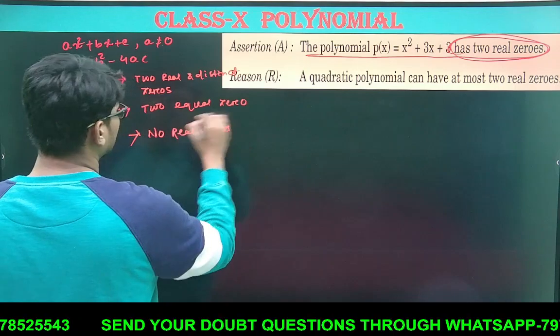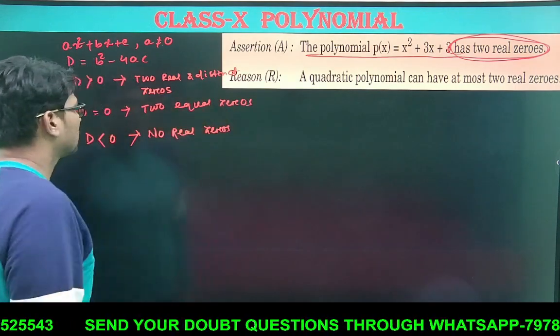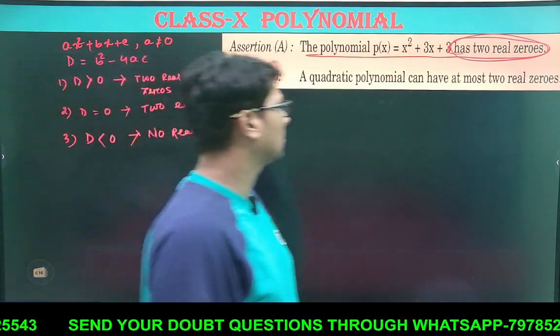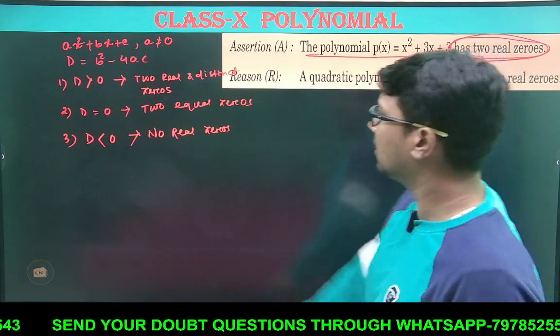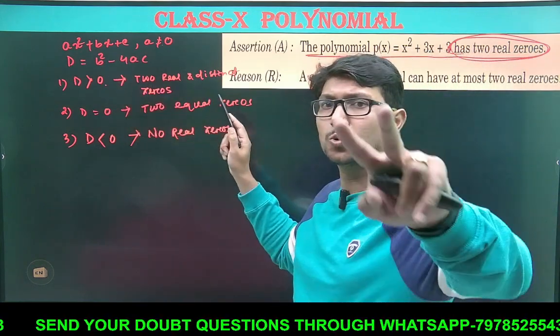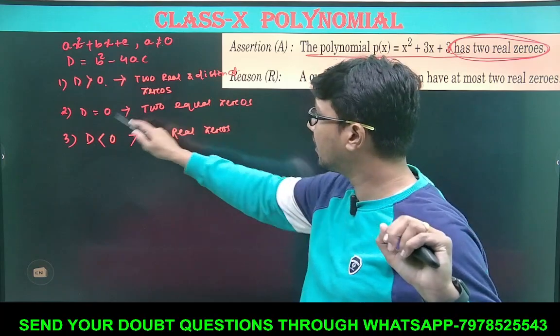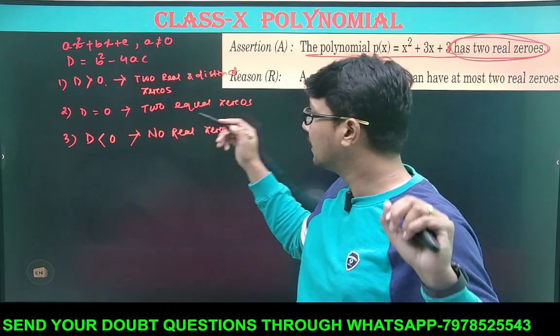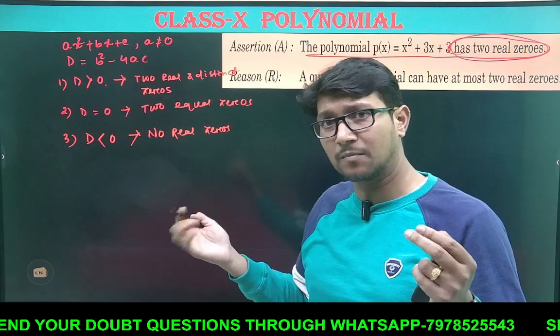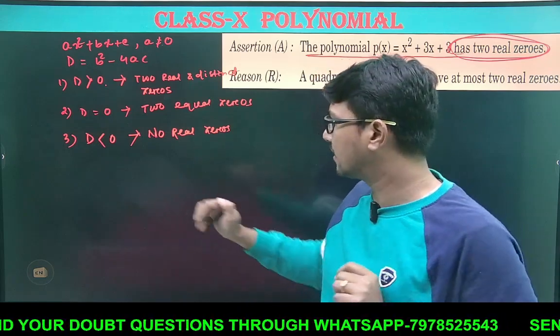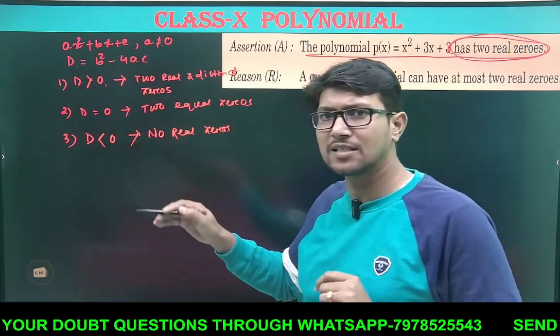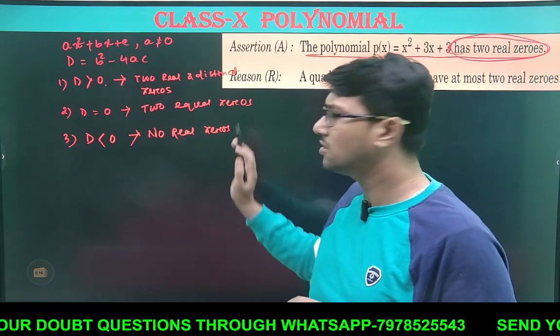So if D is greater than 0, there are two real distinct zeros. If D equals 0, there are two zeros, but they are equal. And if D is less than 0, there are no real zeros.